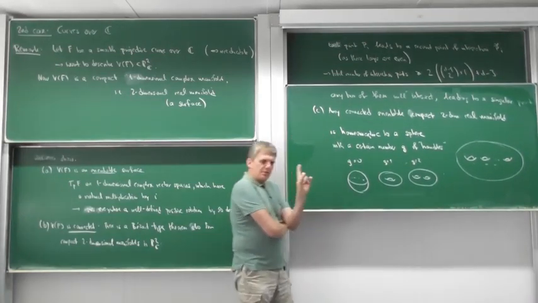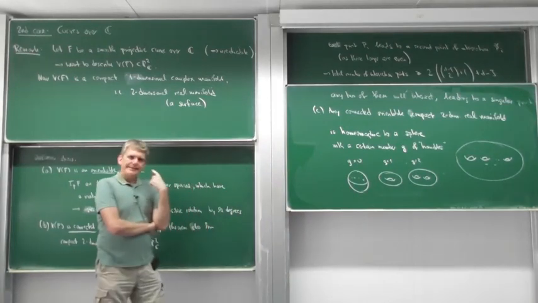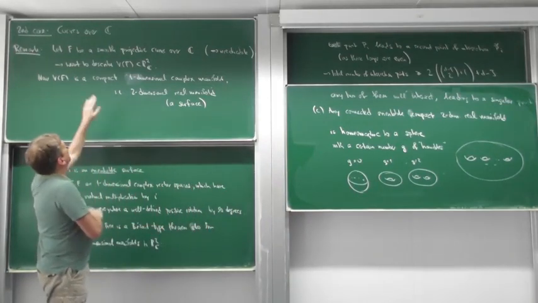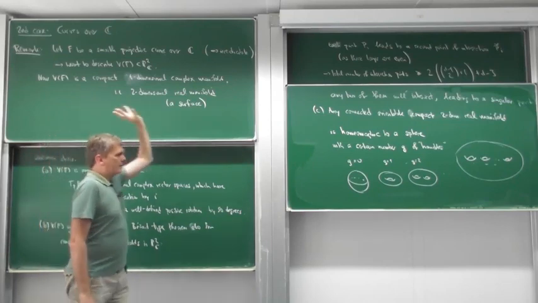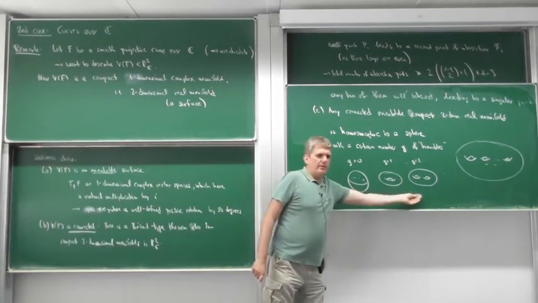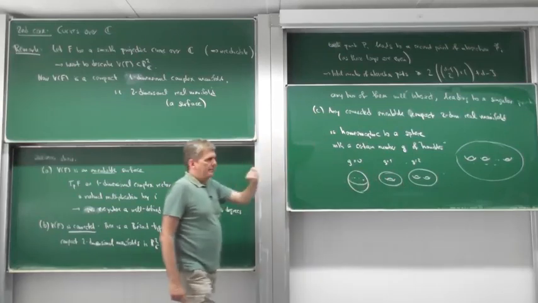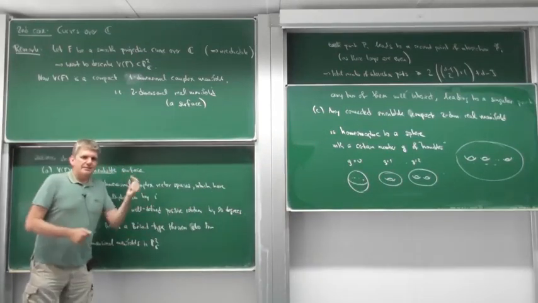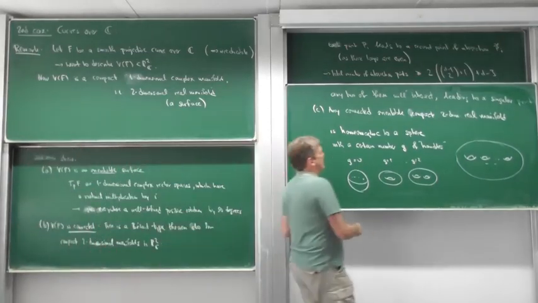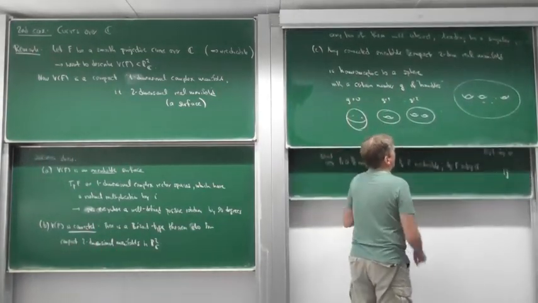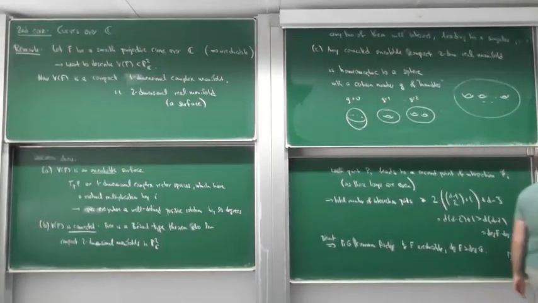But that's just to make sure what the question actually is. If we start with a smooth projective curve over C like that, then its topological type will be one of those. And of course we are asking, what is this number of holes? What is this number G? This number G is usually called the genus of the curve.